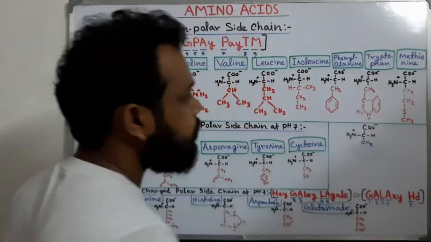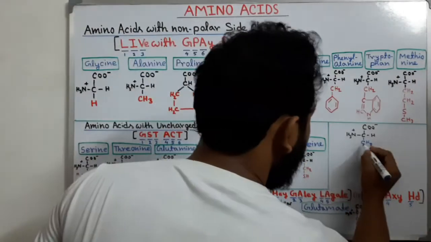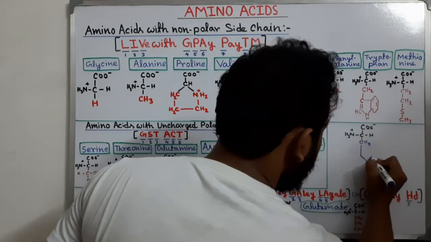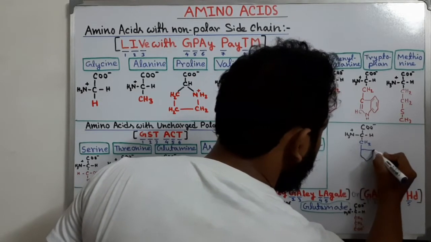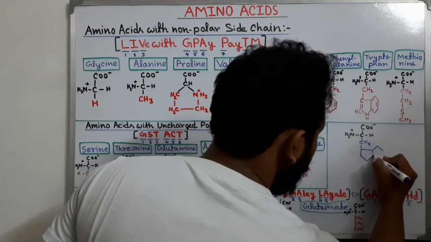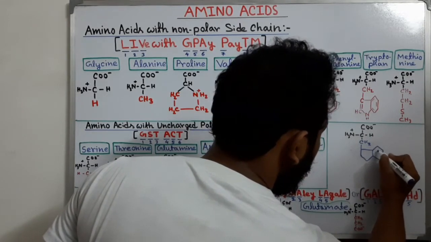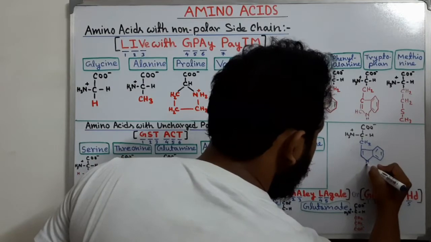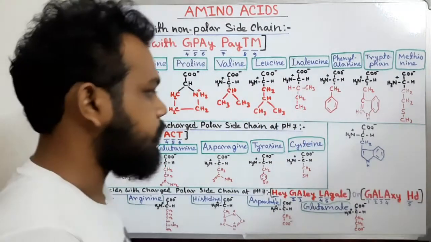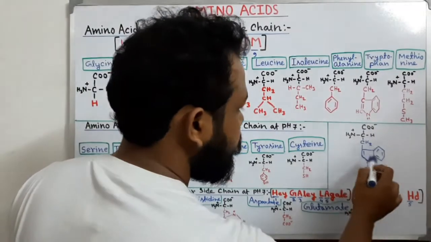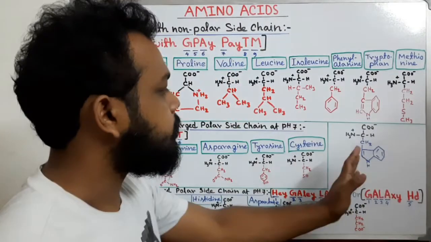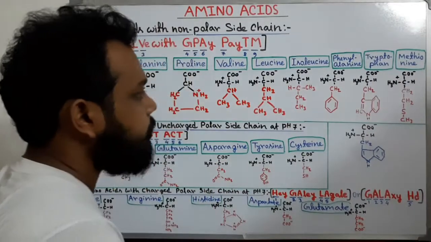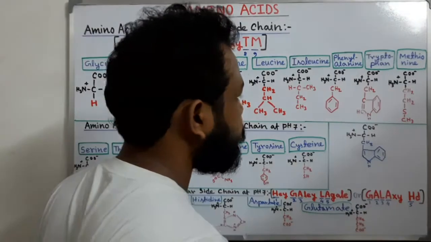Next we draw this ring like this, and here we just add this N group. This is the easiest way to remember. Just draw this ring like this. So this is the structure of tryptophan. It is an aromatic group. And next one is methionine.